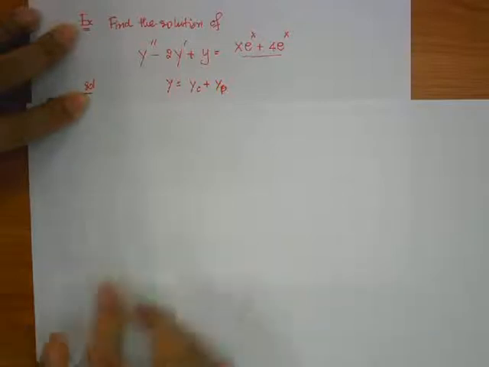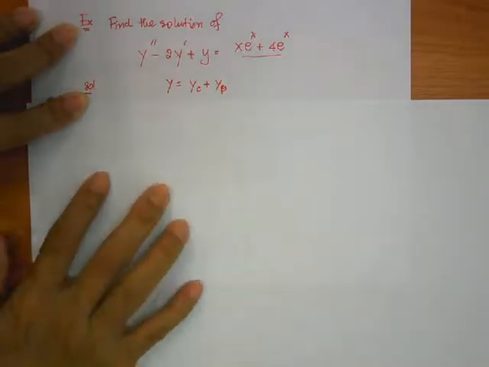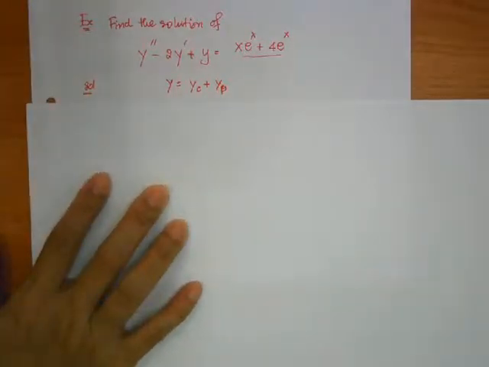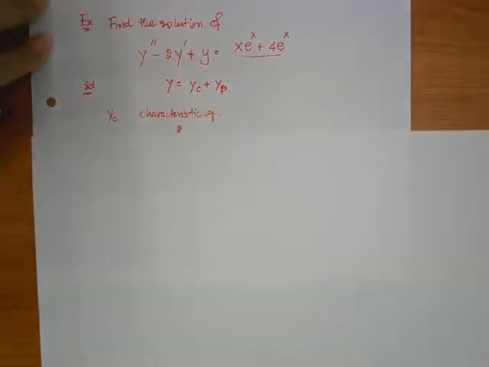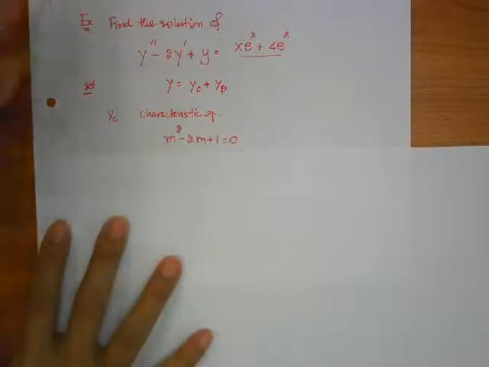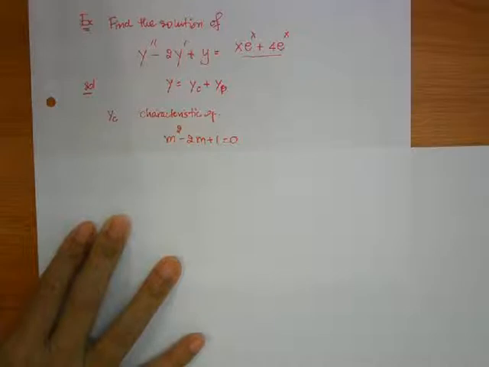Right? So, to find YC, what is the characteristic equation of this differential equation? m squared minus 2m plus 1 equal to 0. How many values of m we should be able to find? 2, which are m is equal to 1 and 1.